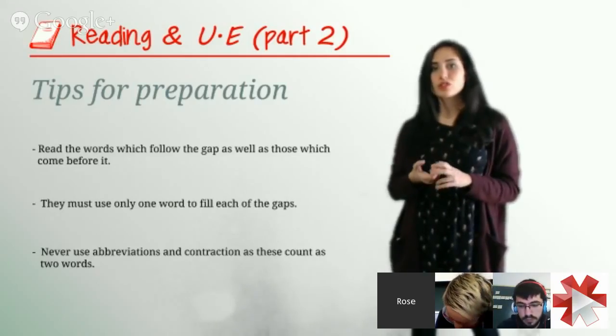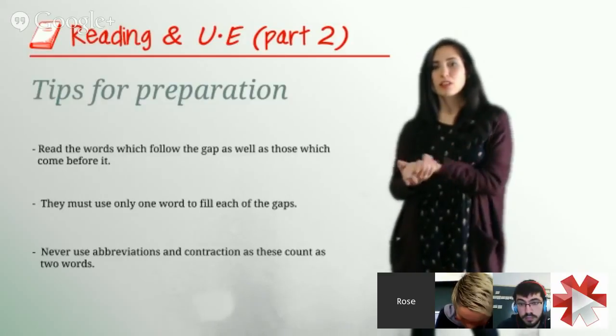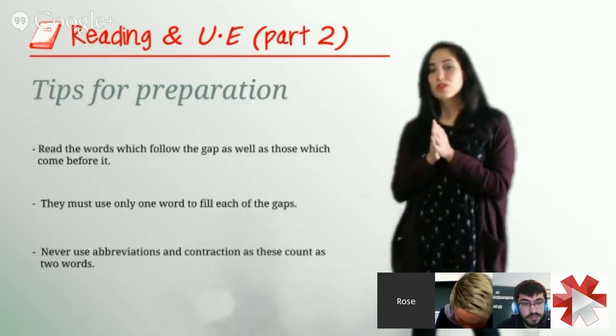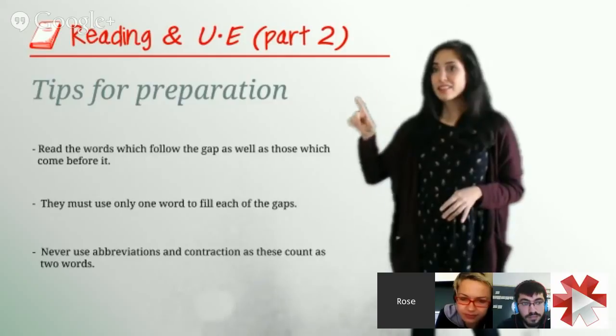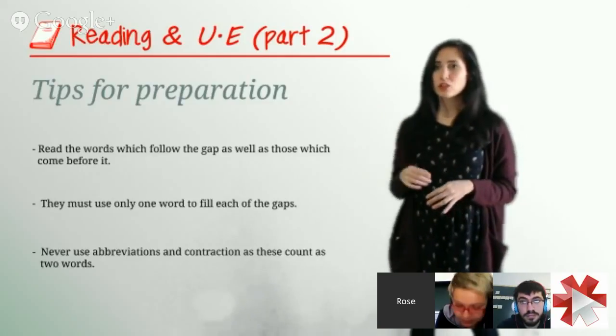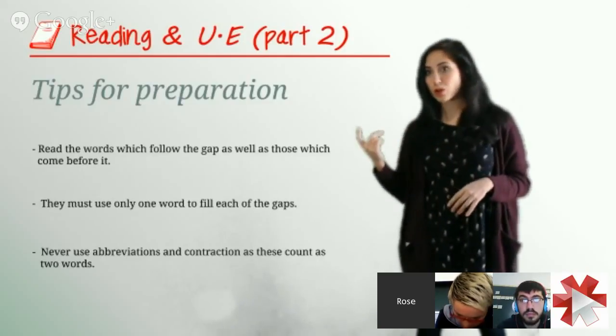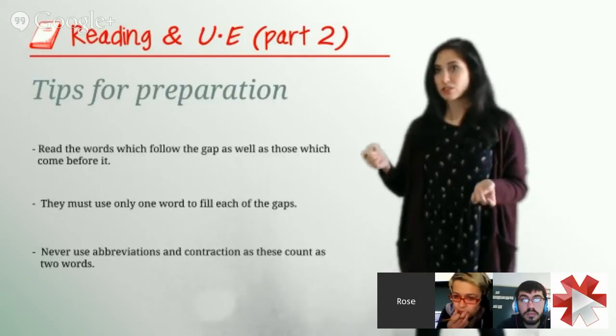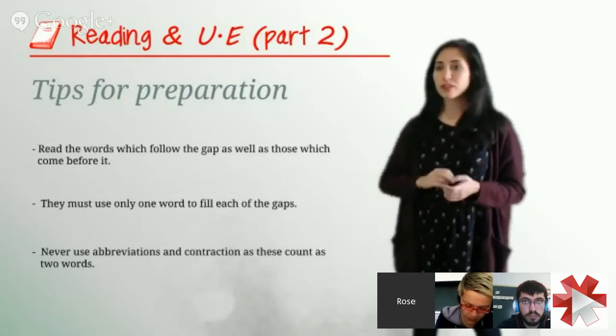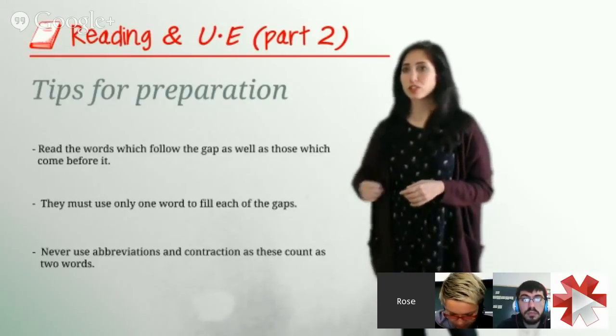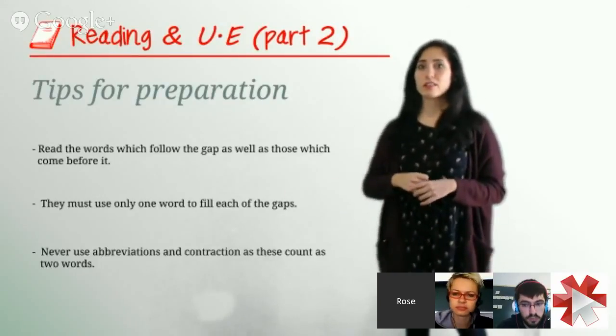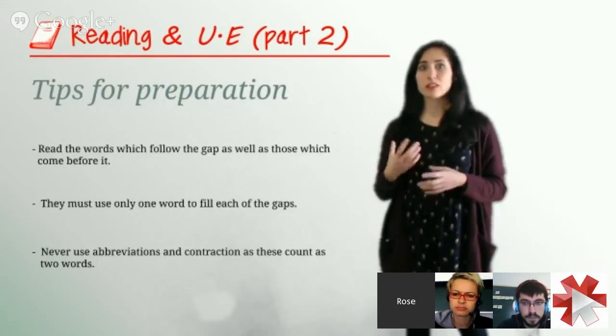And you should not fill any of the gaps with a contraction, like for example "he'll" instead of "he will", because you won't be asked to do two words, and it will count as two words. So you will never have to fill in the gaps with things like "he will" or "she'll" or "they have", something like that.